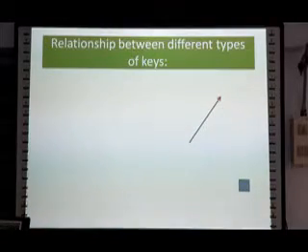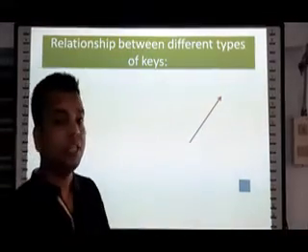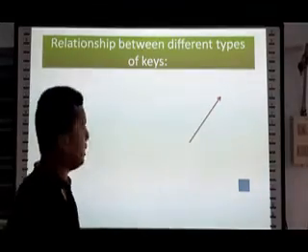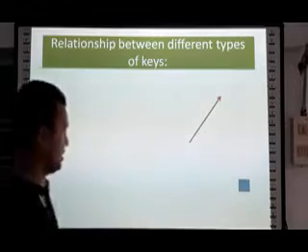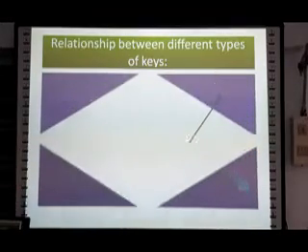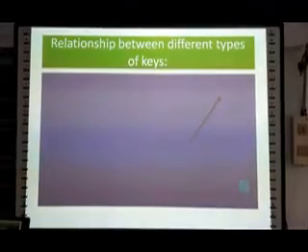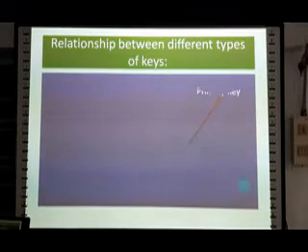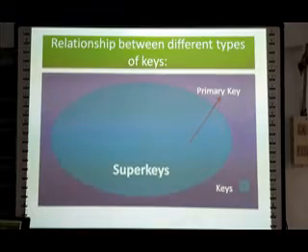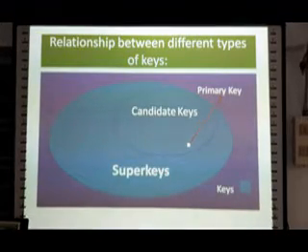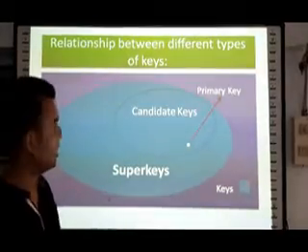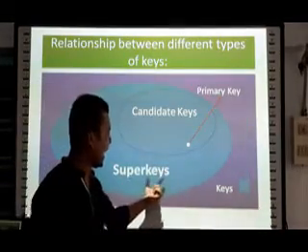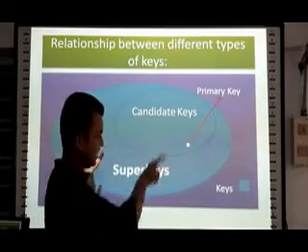Now the relationship between different types of keys can be denoted by a block diagram. See, as in the case of the universal set we have discussed in our 11th standard mathematics, similar to this, super key acts as the universal set of all the keys.